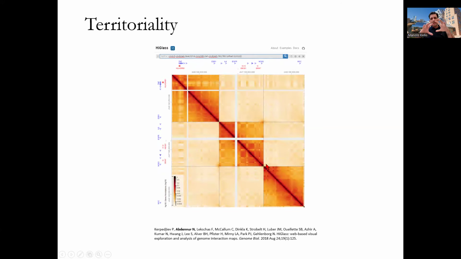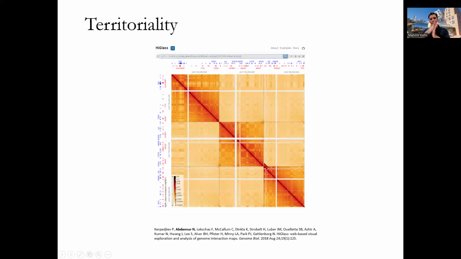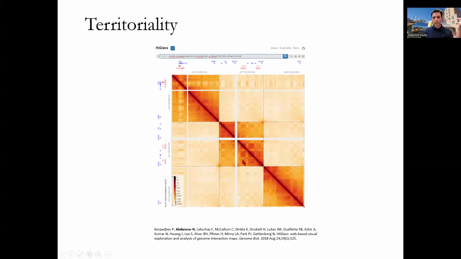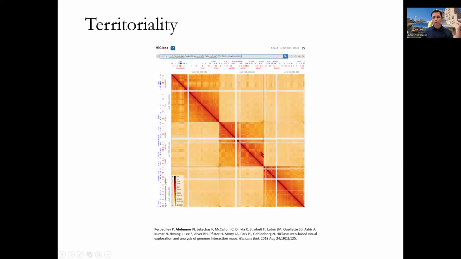And then I can use that to start filling in all of these off-diagonal entries. And what we realize doing this is that there are territories on the genome. That basically, first of all, every chromosome sits in its own territory. And that within the chromosome, as you start zooming in, you see more and more of these territories. Is everybody with me here?